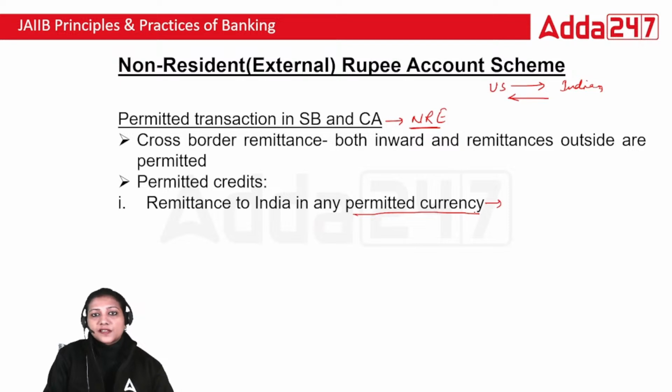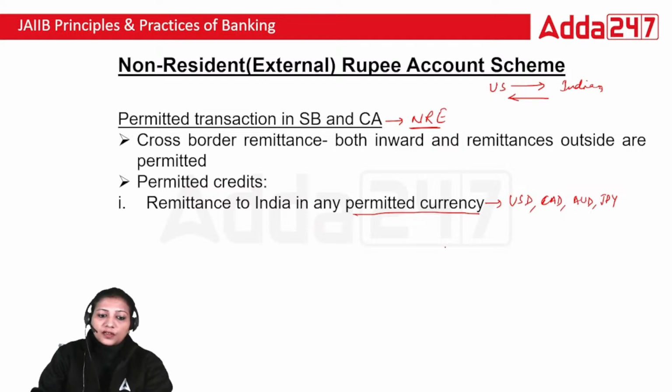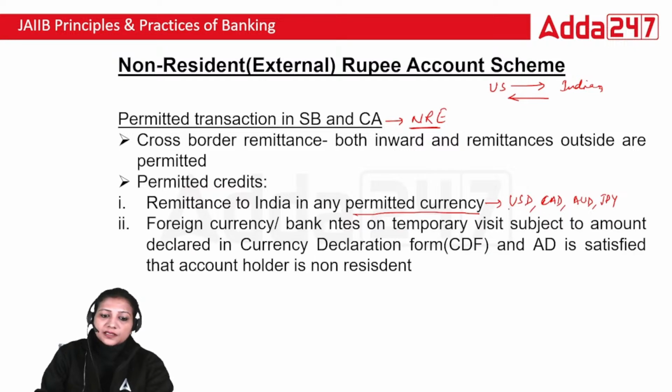Only those currencies are allowed. So remittance to India in any permitted currency, like US dollars, Canadian dollar, Singapore dollar, Australian dollar or Japanese yen. These are a few of the currencies allowed for transactions.